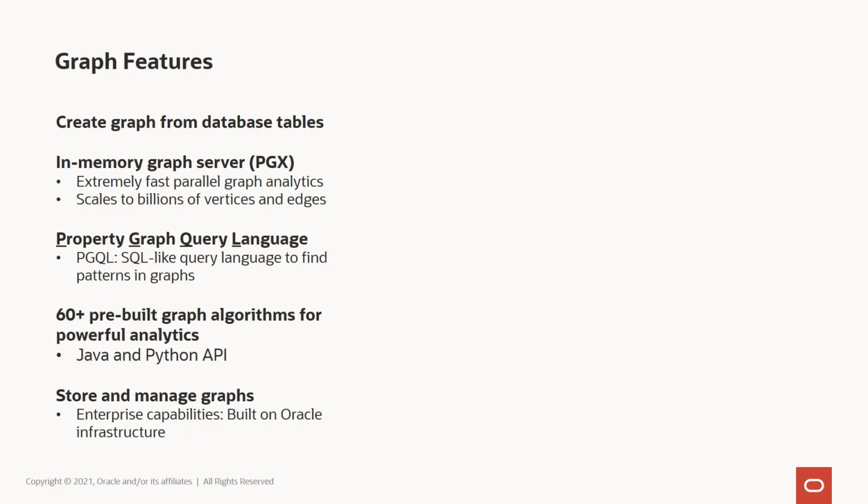And by SQL-like, I mean you have the select clause, the from clause, the where clause, the count star, and so on. And in addition, you have the ability to specify a graph pattern, the ability to specify vertices, edges, how they're connected to each other, and so on. Oracle Graph also includes over 60 pre-built graph algorithms for detecting communities, identifying important nodes, doing path analysis, and more that can be invoked using a Java or Python API.